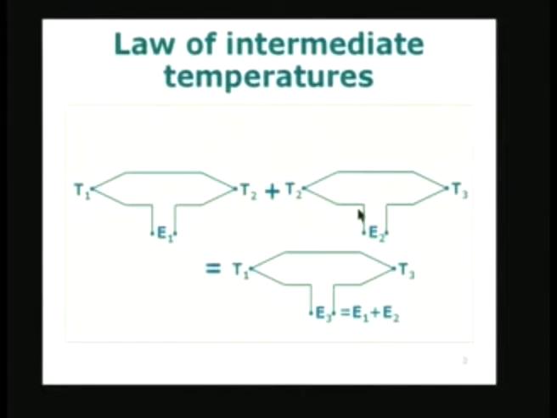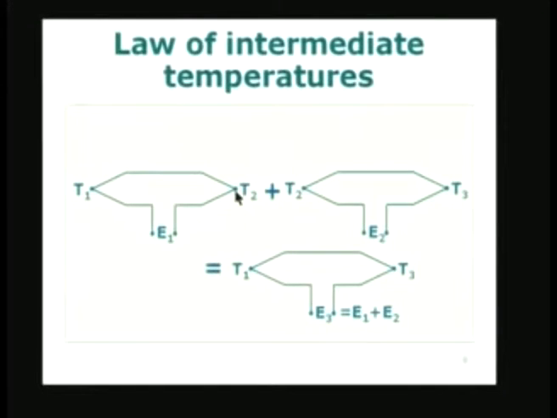I have another arrangement in which the junctions are at temperature T2 and T3, and I measure the electromotive force as E2. Now, if the junctions are at T1 and T3, here T1, T2, T2, T3. So, now I make it T1, T3, the electromotive force appearing across the junction E3 is the sum of these 2, sum of E1 and E2. Very important relationship.